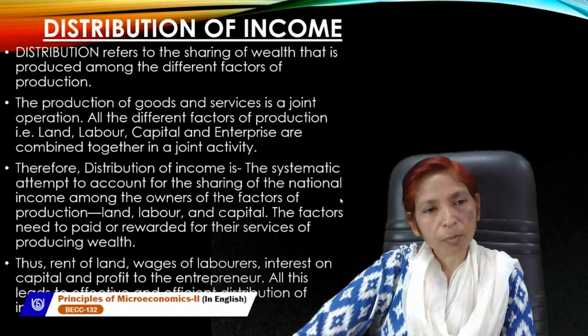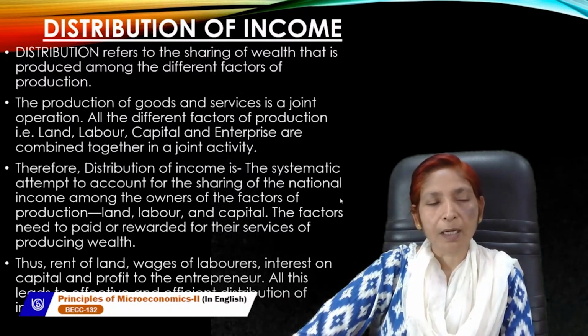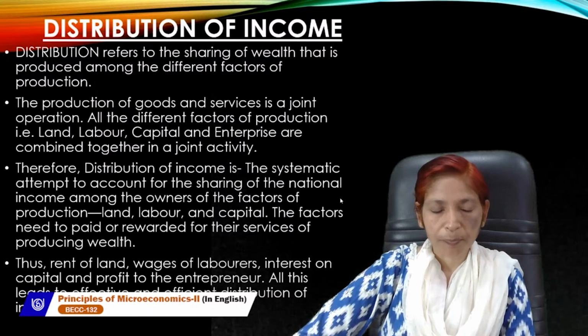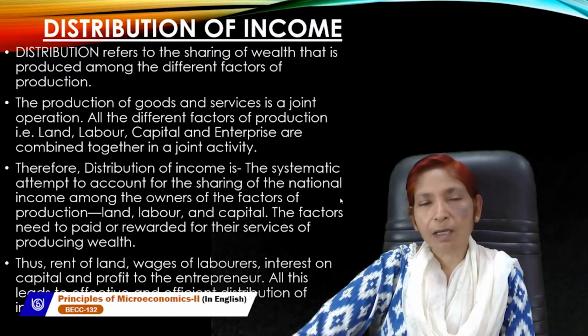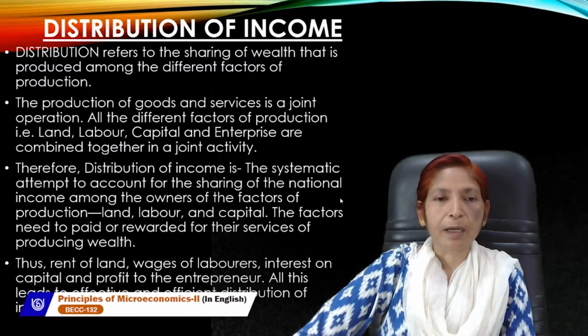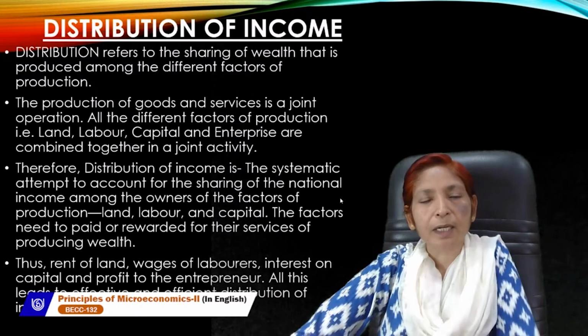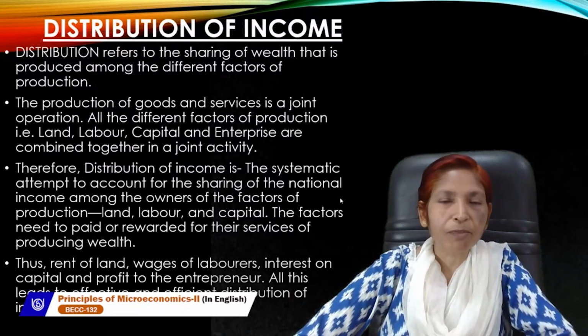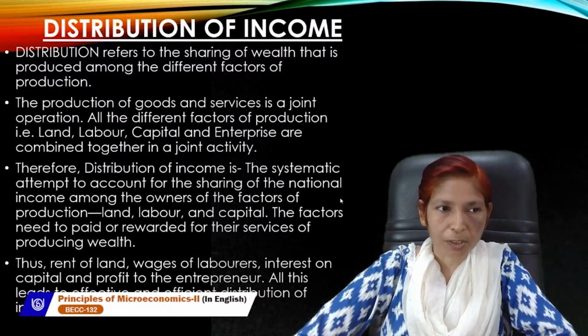Labor also contributes in the production of goods and services, and labor gets wages. Capital's reward is interest, and the entrepreneur's reward is profit. All these factors of production get reward in the form of rent, interest, wages, and profit.